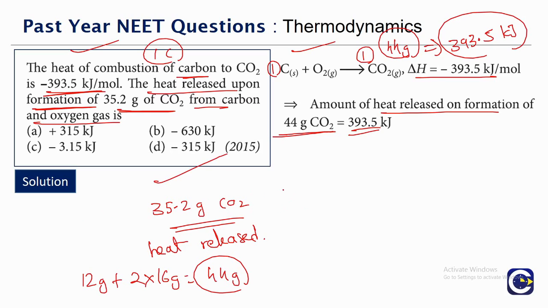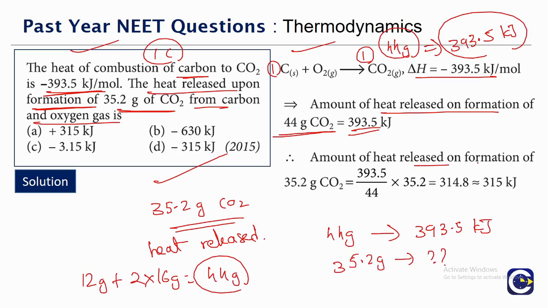It's like a basic mathematics question. 44 grams forming releases 393.5 kilojoules. For 35.2 grams, what is the energy released? How do you solve this? On a proportion basis.